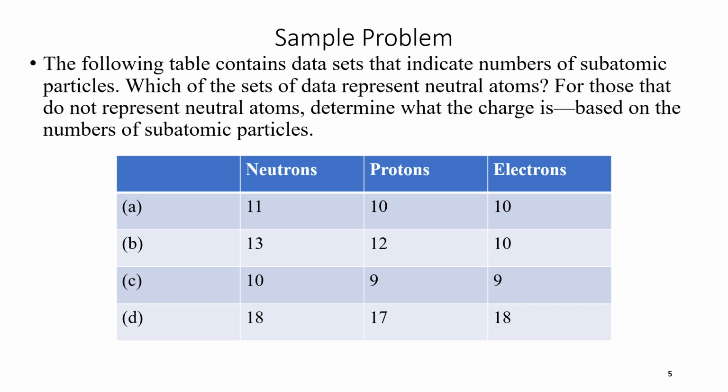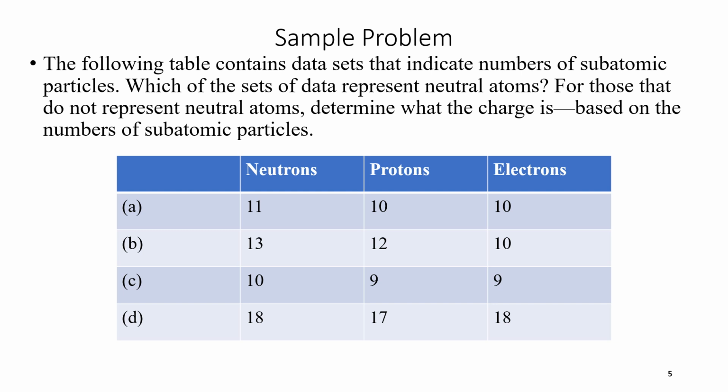To figure out what the charge is, then, we look to see what excess do we have. For B, for example, we have 12 protons, but only 10 electrons. To figure out the charge, I take the difference between the two, 12 minus 10, that gives me 2 extra, and they're protons, which means they will be positive charges. So for B, I have a charge of +2.